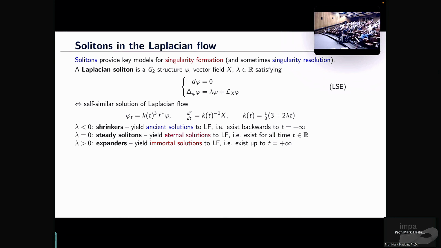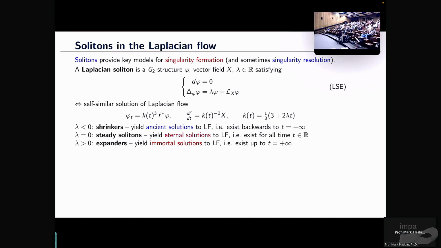If lambda is 0, then we can have a solution that exists for all time. And then in the lambda positive case, these are called expanders, and so they yield so-called immortal solutions to the flow. So they start at some time, but then they exist for all times after that.